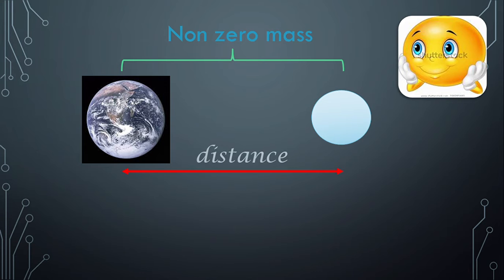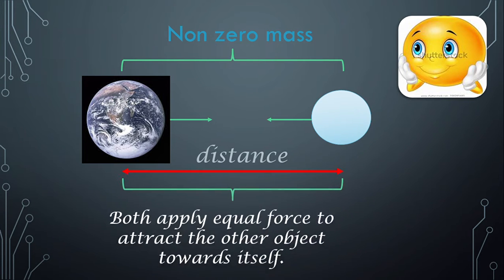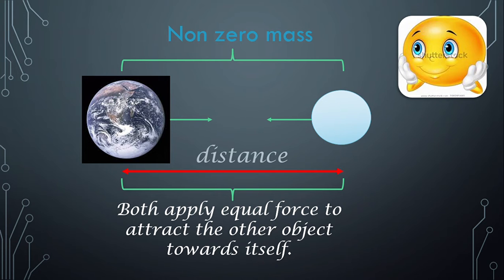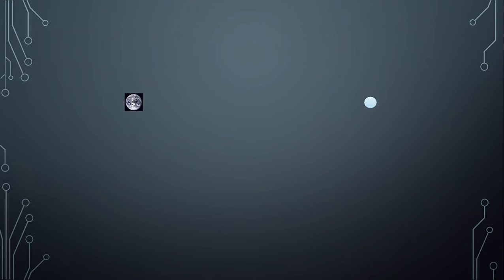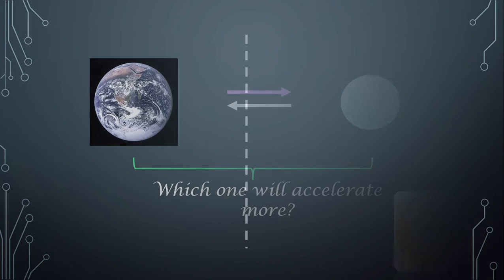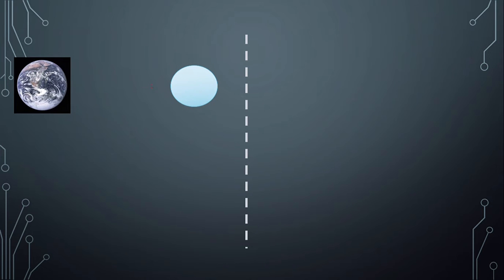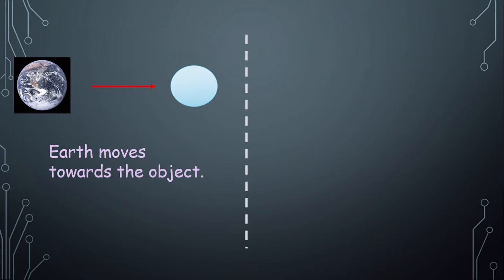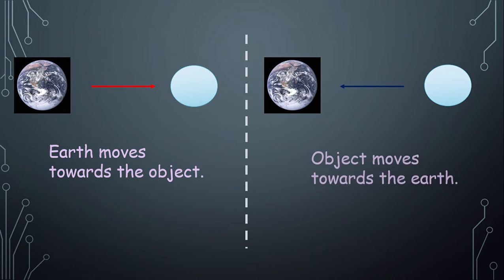Based on what we learned about the gravitational force, both apply an equal force to attract the other object towards itself. So, if the forces are equal, which one will accelerate more? Does the earth move towards the object or does the object move towards the earth?